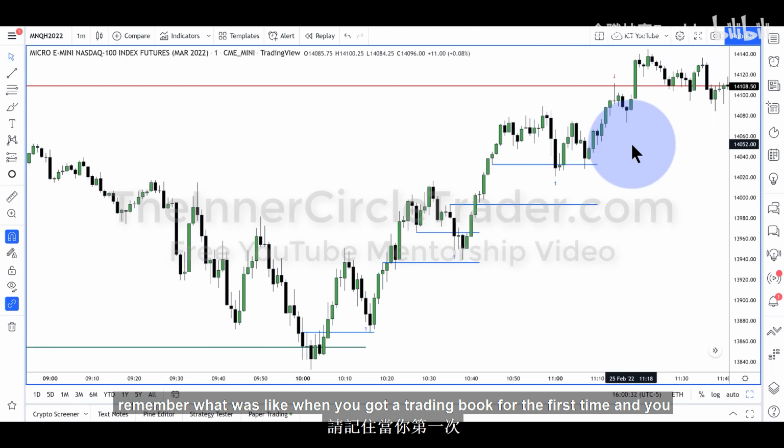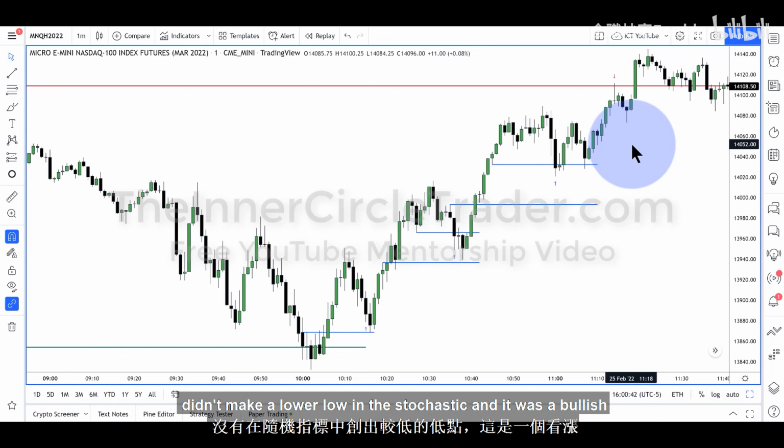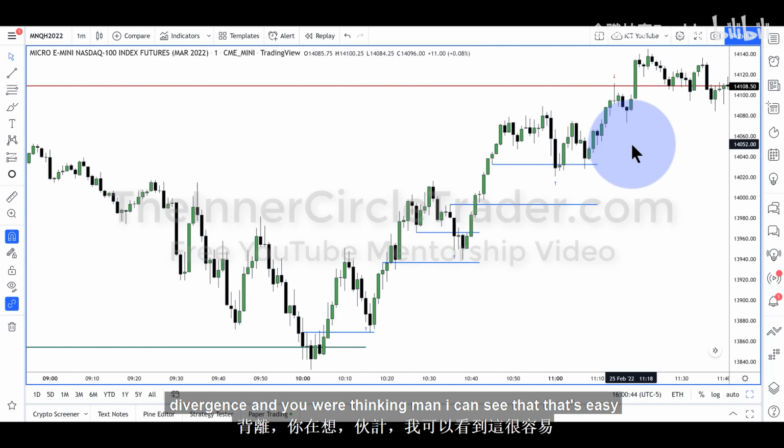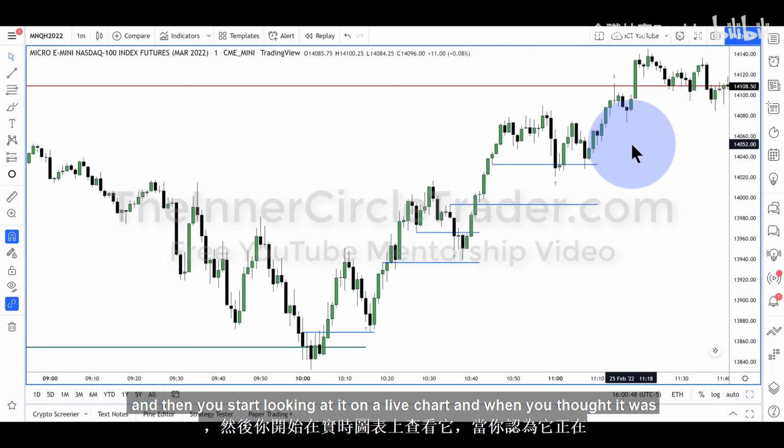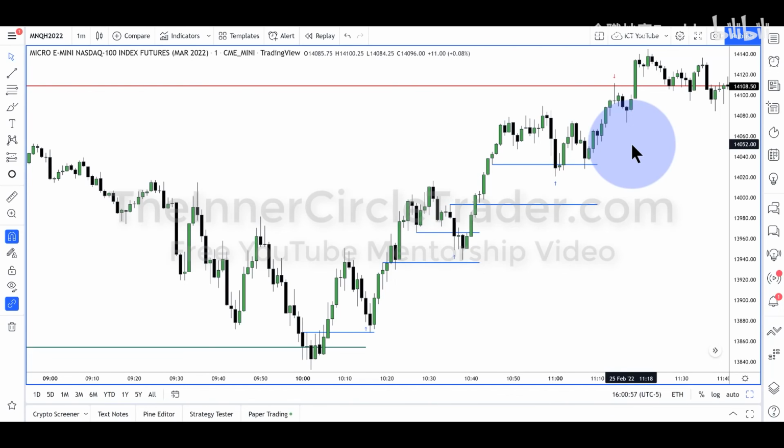Just a handful at most, right? But remember what it was like when you got a trading book for the first time and you saw bearish divergence and bullish divergence with a stochastic indicator, and it made a lower low in price, but it didn't make a lower low in the stochastic, and it was a bullish divergence, and you were thinking, man, I can see that, that's easy. And then you started looking at it on a live chart, and when you thought it was diverging, it just kept going lower in price.